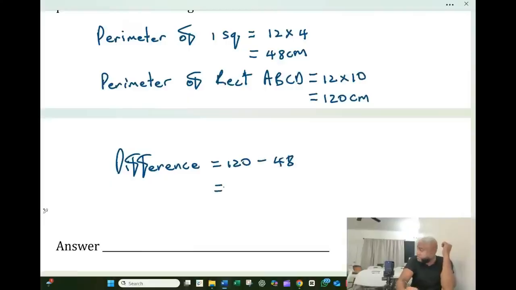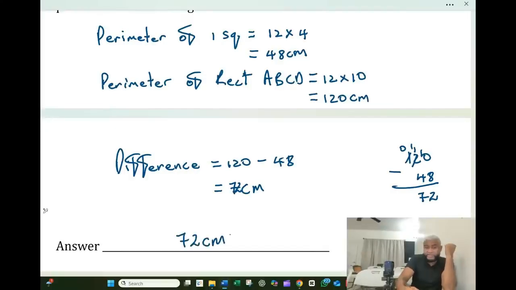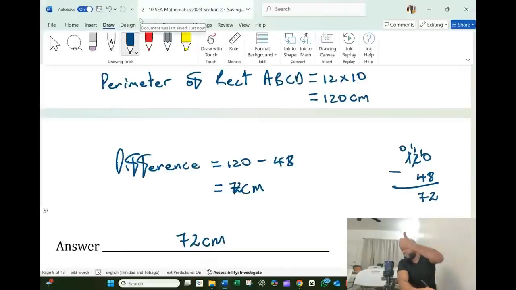You borrow 1 here, you get 10. 10 minus 8 is 2. Borrow this 1 here, you get 11. 11 minus 4 gives us 7. 72 centimeters would be my difference. Everybody good there? Nice.